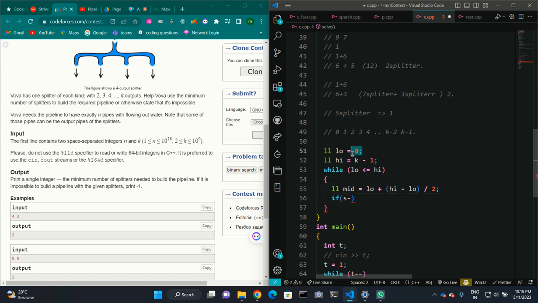Check for the lower boundary case. Found is zero.